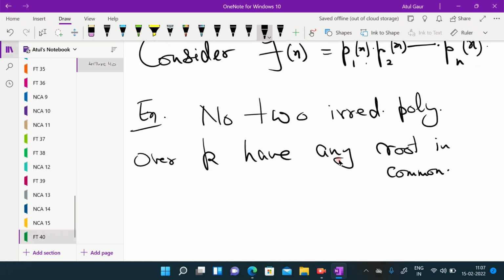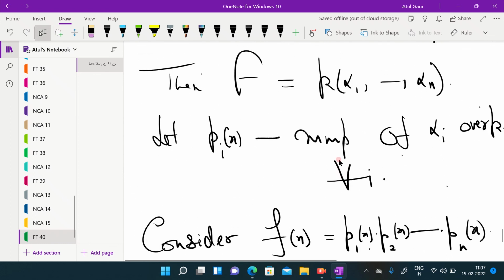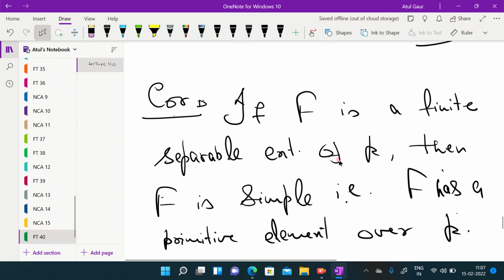Yes, sir. So all these p_i x are basically the minimal polynomials, and you are working over a separable extension.